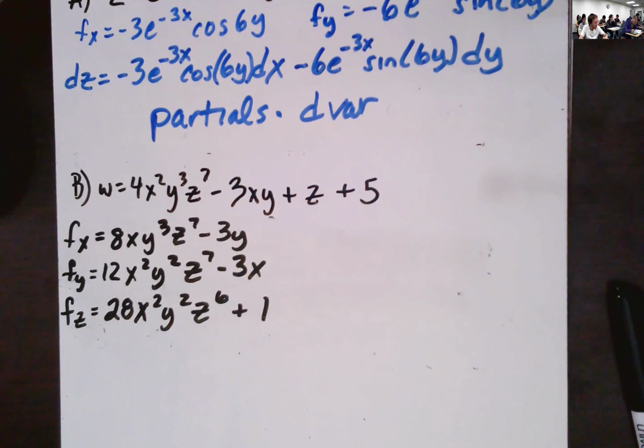Yes, we have a question. What happens to the plus C in fx and fy? Should it still be there? Z is a constant with respect to x and y, so it's zero.